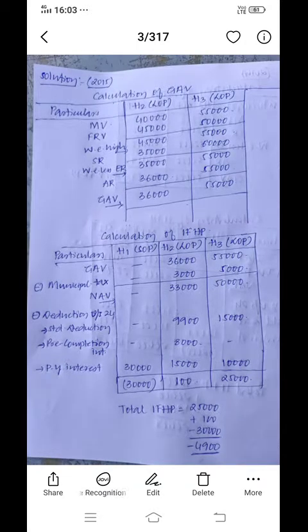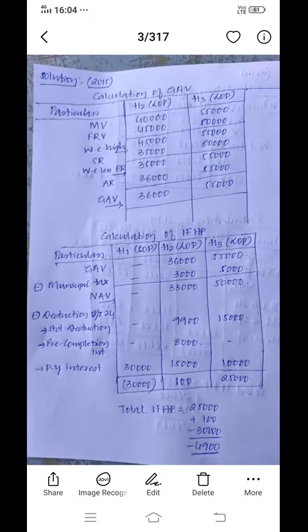So minus 3,000, minus 5,000 for the second and third house. So you will get NAV, net annual value. The first house it is nil, second house it is 33,000, third house it is 50,000.